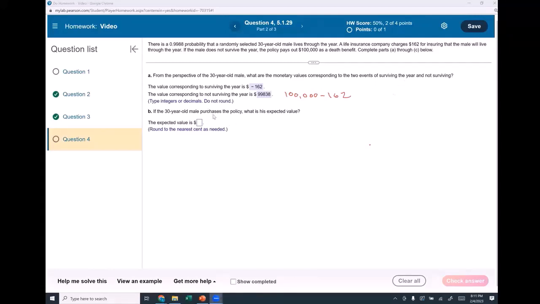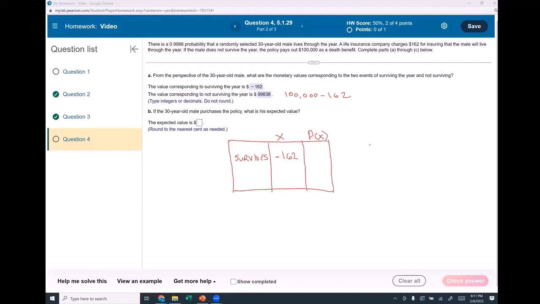If the 30-year-old male purchases the policy, what is his expected value? We need to make our table. He survives. If he survives, my X is negative 162. And the probability of that happening is right here.